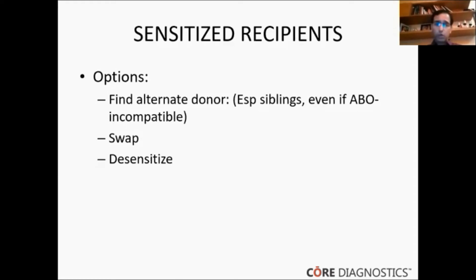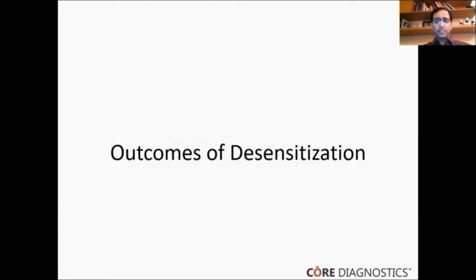If there is no donor like that, a swap or, as a last resort, desensitization can also be considered. And we'll talk a little bit about the risks of desensitization, and which kind of patients you shouldn't proceed with for desensitization and which you can discuss with the patient and proceed. So let's look at a few slides on outcomes of desensitization.